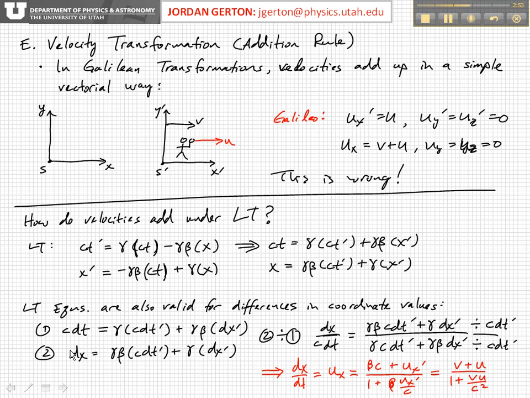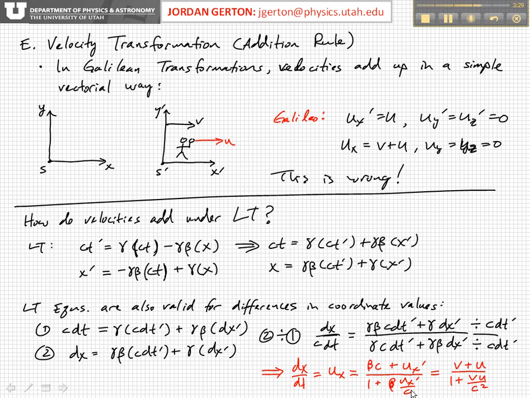Now if we multiply both sides by c, because we have this little c hanging out here, and we divide the top and bottom of the right-hand side by c dt prime, then we end up with dx/dt, which we define to be u_x, equal to (beta c plus u_x prime) divided by (1 plus beta u_x prime over c).